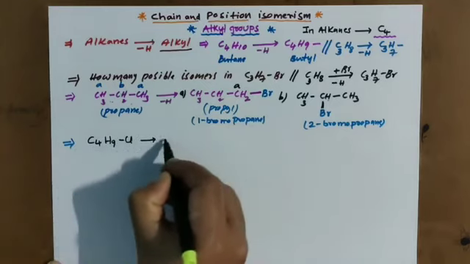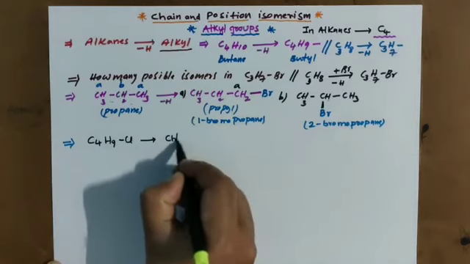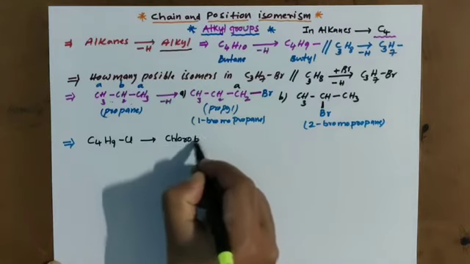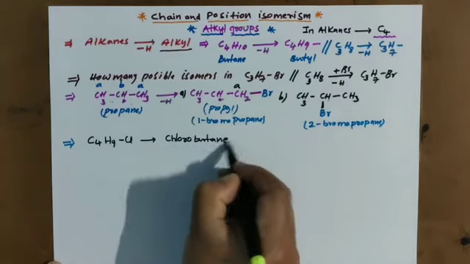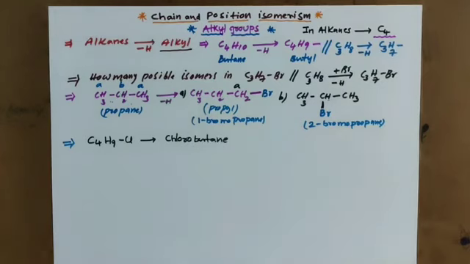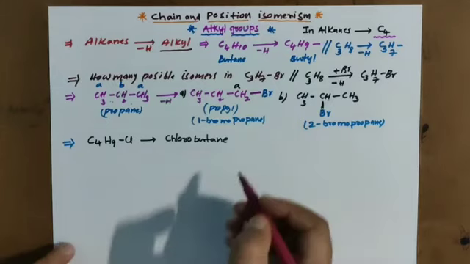C4H9Cl, chlorobutane. They are asking how many structural isomers are possible in this chain, especially chain and position.